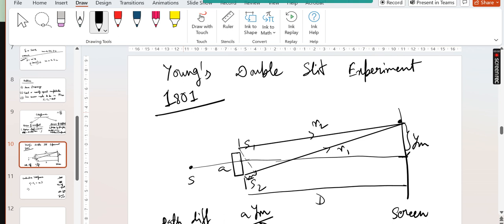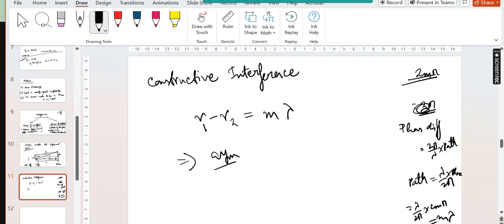If this angle is theta, this is a sine theta. The angle is so small that a sine theta becomes a theta or a tan theta, and tan theta is basically ym by D. So a ym by D is equal to m lambda.